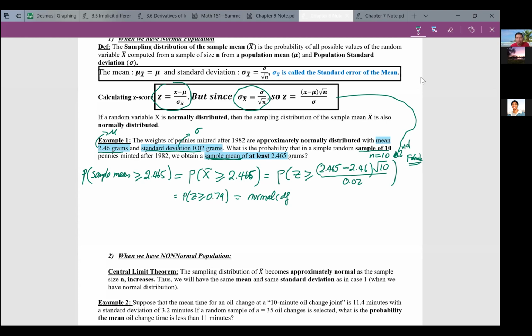So because it's the right area, we have to start from 0.79 all the way to 10 to the power 99 and then 0, 1. Okay, it's very important. All right, and then you put in 0.79 first, and then 10 to the 99, and then 0, 1, and then press enter. So we get about 0.215.